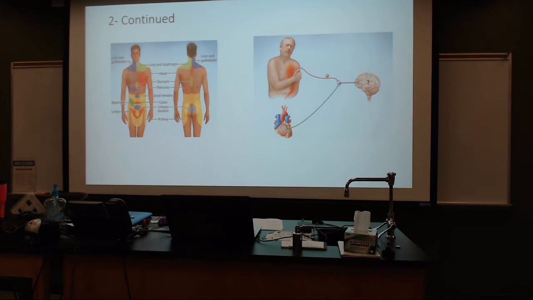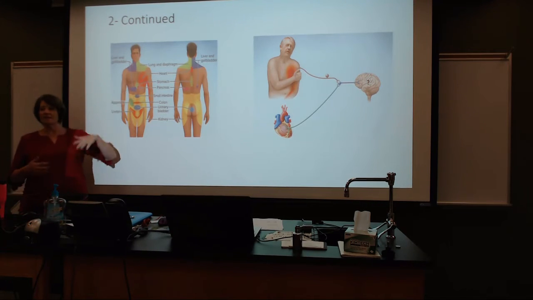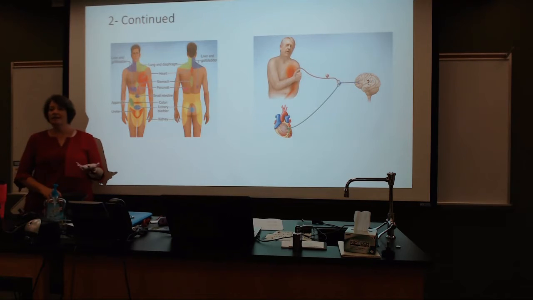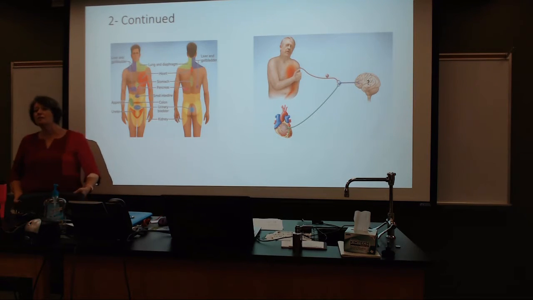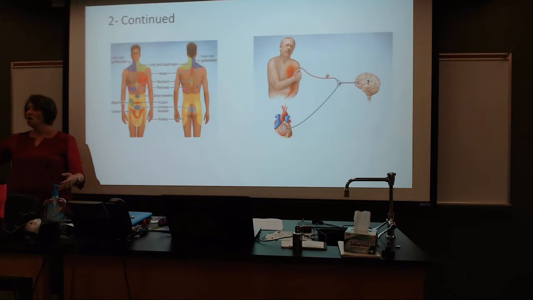So that was the point where we left off: if there's pain in these areas, it could actually be indicative of something being wrong with an organ of the body.